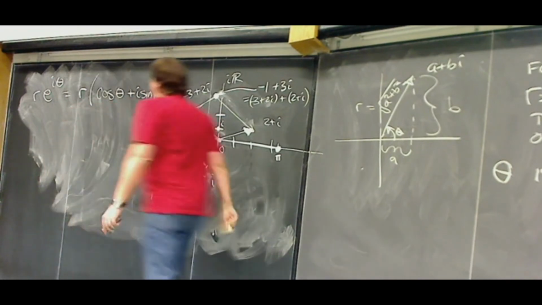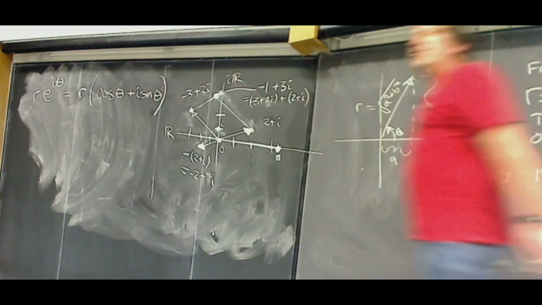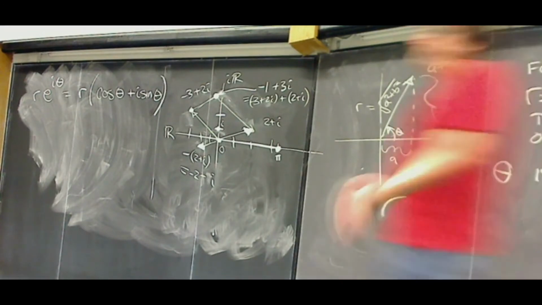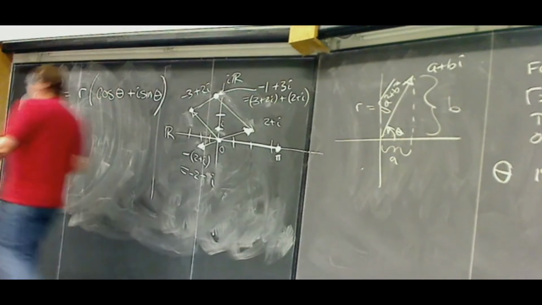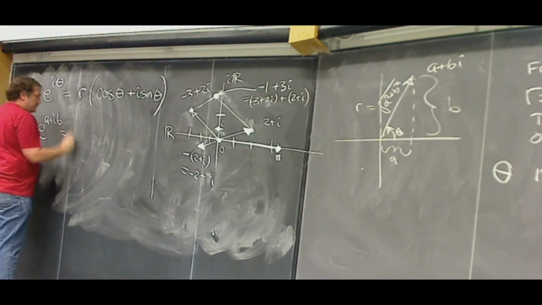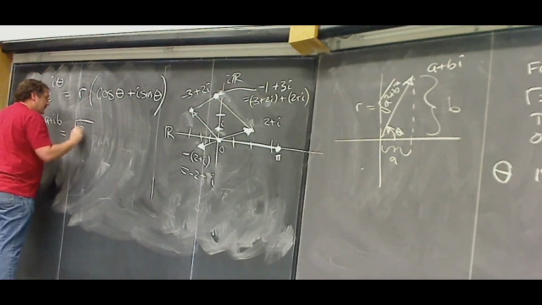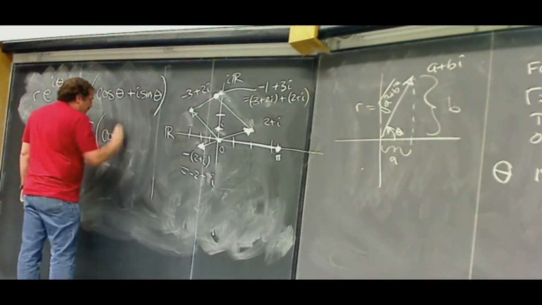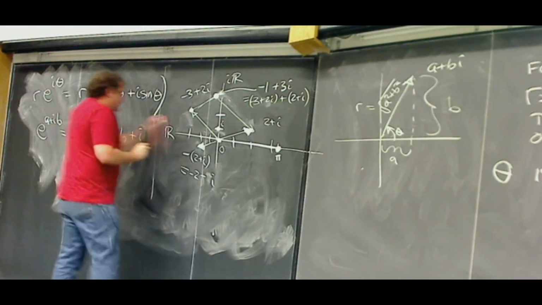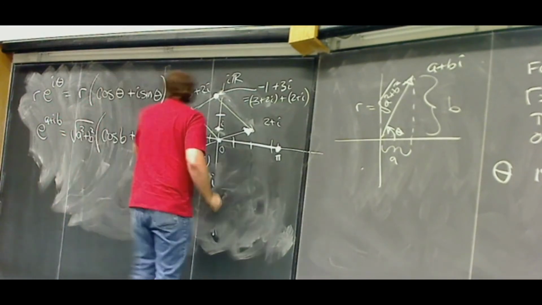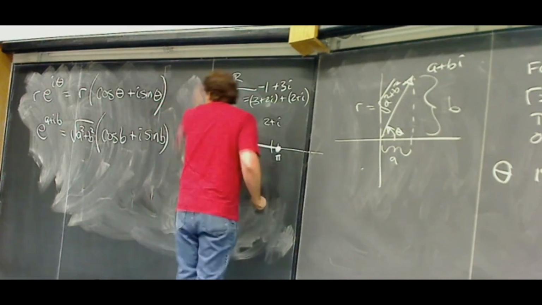This is just writing the polar coordinate conversion. Or, if you prefer, we can say that e to the a plus ib is the modulus times cosine of b plus i times the sine of b. They're all the same thing.